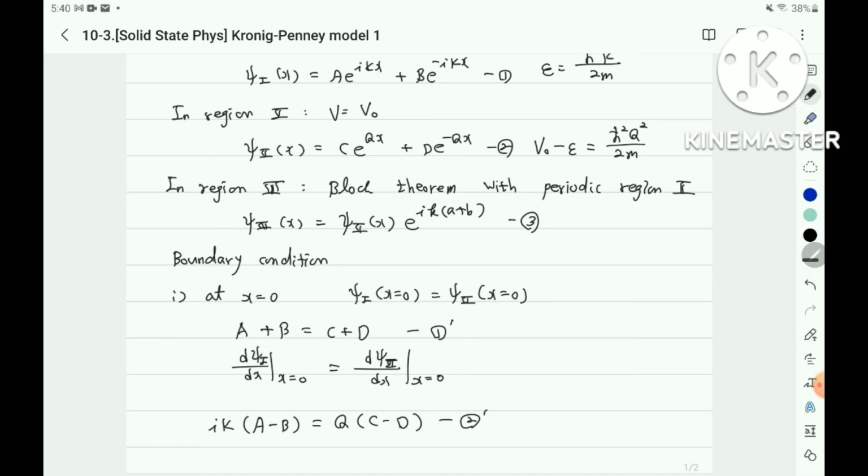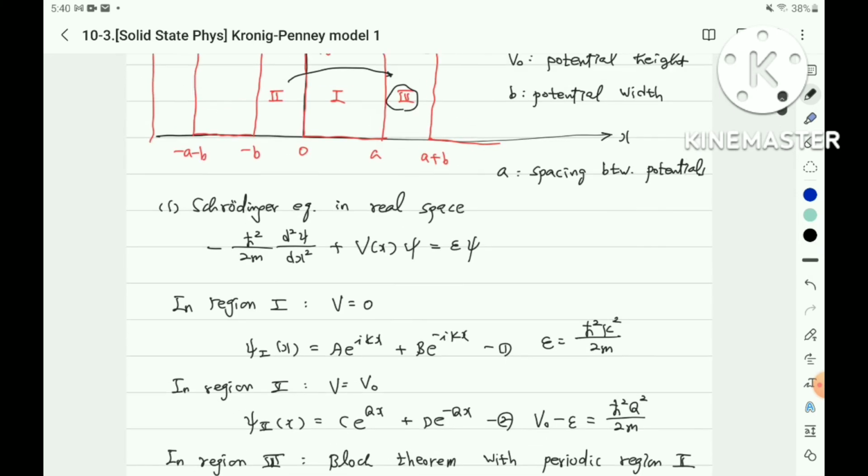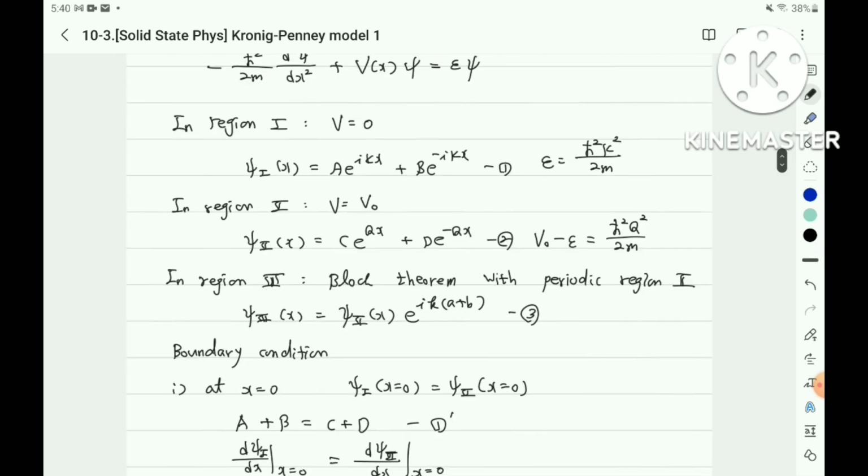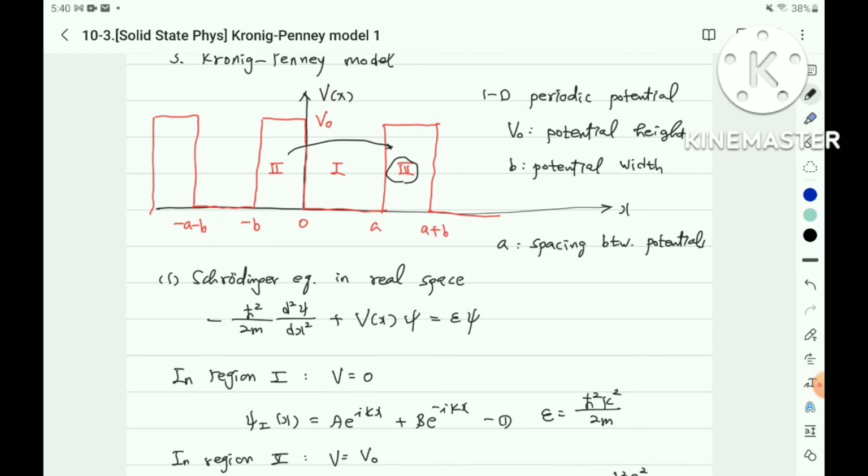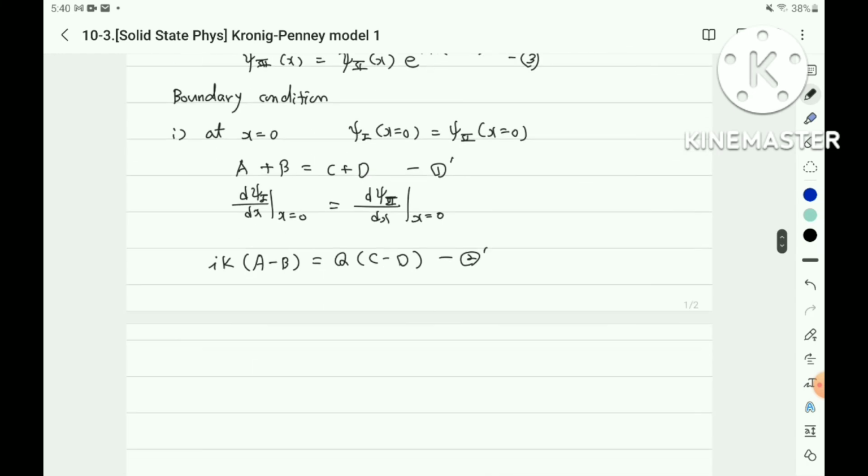The other condition is at x equal to a, the wave function between region 1 and region 3. Therefore, at x equal to a, psi 1 at x equal to a should satisfy psi 3 at x equal to a.